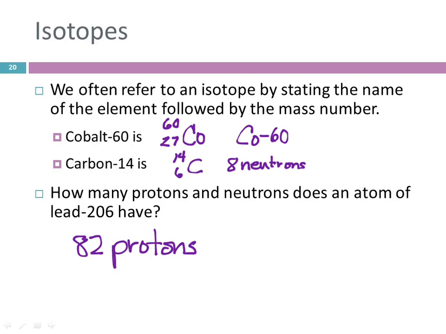All lead atoms have 82 protons. That's what makes them lead. This particular one has a mass number of 206. So we need to take 206 and subtract 82, because 206 is the protons and neutrons together. It gives us 124. So it's got 124 neutrons.